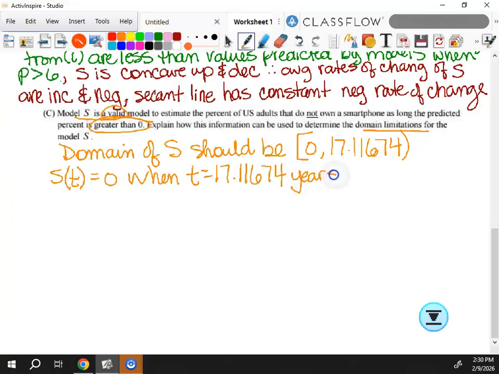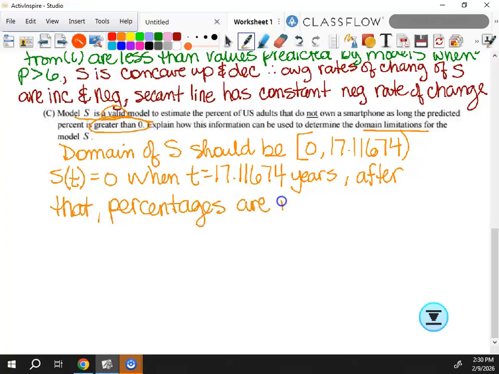S of t equals 0 when t equals 17.11674 years. After that, percentages are negative. Or percentages are less than 0, or there's different ways to word it.